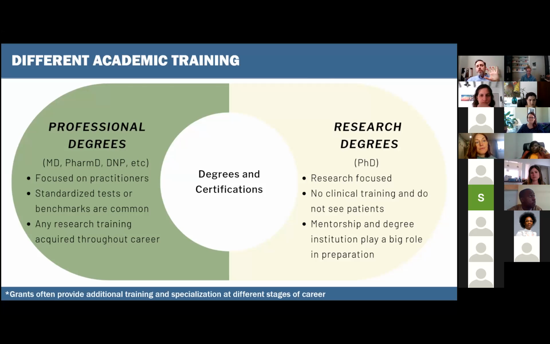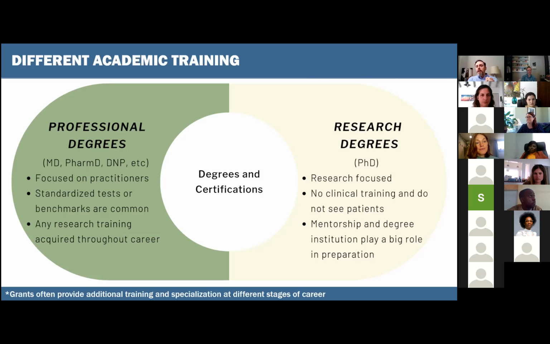So these types of degrees that they earn are geared towards practitioners. So people who are going to see patients, give clinical care, right? These types of degrees have standardized tests, kind of benchmarks set by professional organizations as to what competencies someone has to have these careers. If they receive research training, it might be peripheral to what they learn in school.